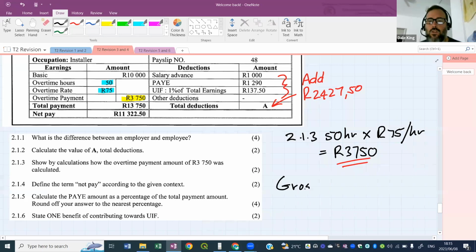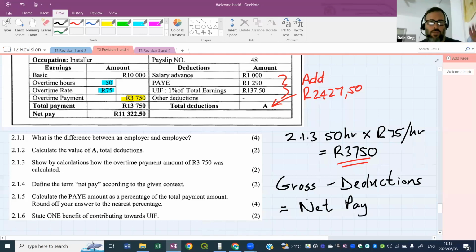Thank you, Emmanuel. So the gross salary is before deductions. You take away deductions, and that'll give you your net pay. Good job. So the gross is everything that comes in. So this 13,750 is the gross before deductions. And then we worked out the deductions.